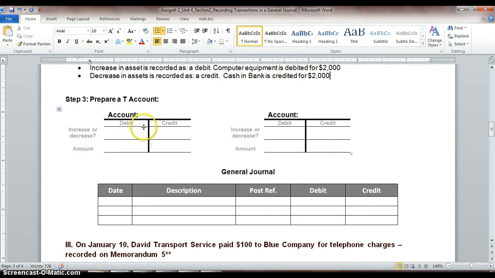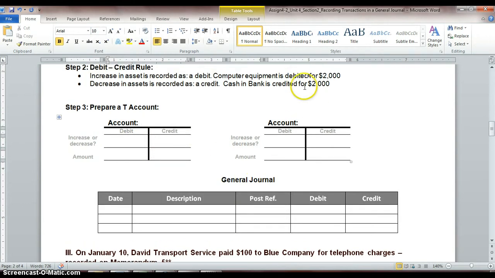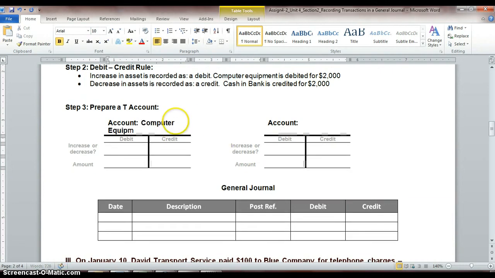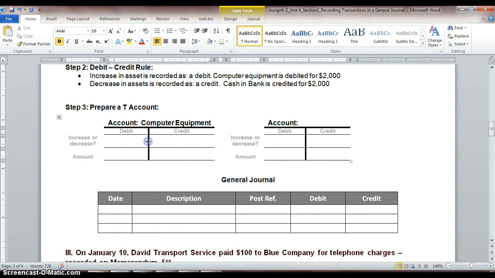We have our steps mapped out. Now we need to copy it over into our T account. This time I left the accounts blank, so you're going to have to determine the account yourself. We said our first one is going to be computer equipment. I didn't give you enough room in there, so I'm going to extend that out to get our computer equipment line all in one line.